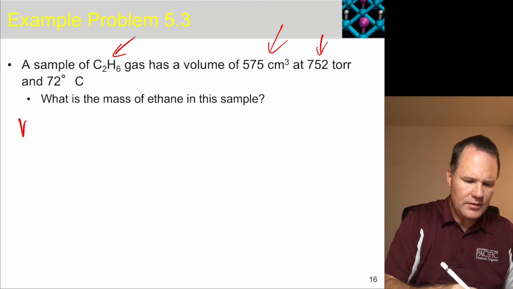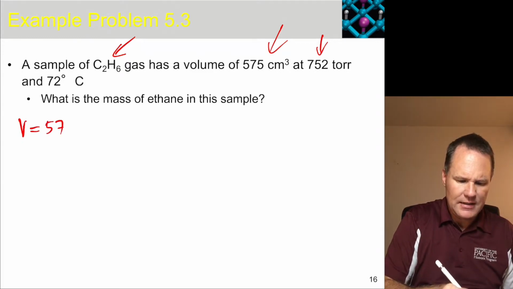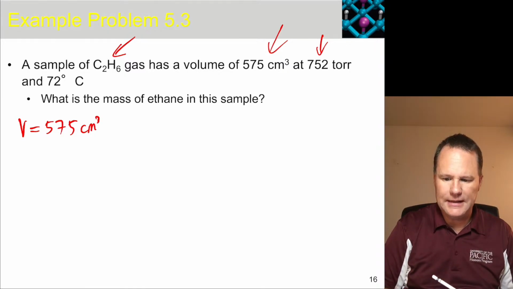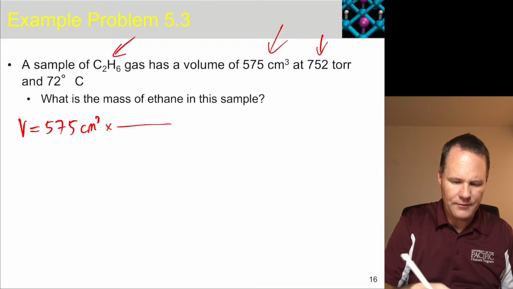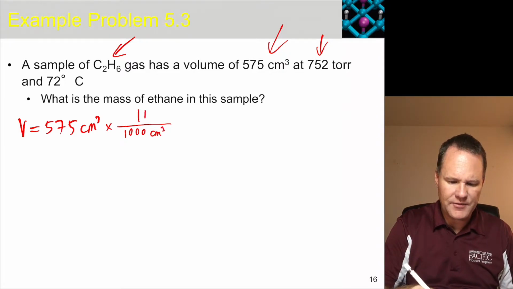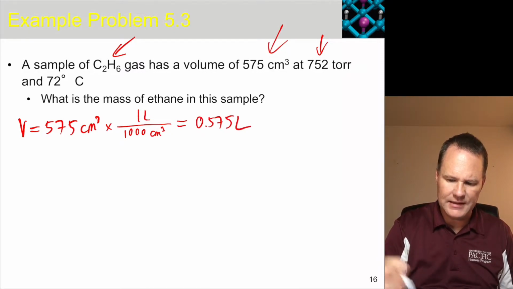The volume is 575 cubic centimeters, and let's say we want to solve this problem in liters, so I will have to convert it. The cubic centimeter is the same exact thing as the milliliter, so it's 1,000 cubic centimeters for 1 liter, and so we have 0.575 liters for the gas.